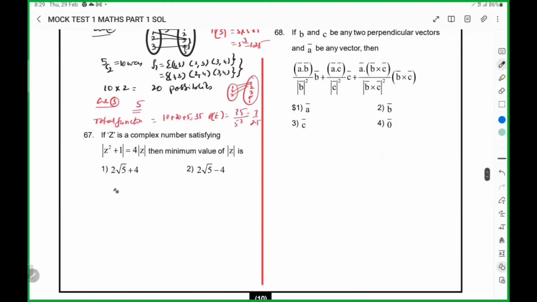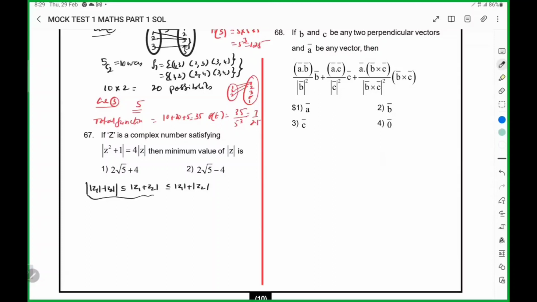Here, mod z square, to find the minimum value, we have an inequality: mod of Z1 plus Z2 is less than or equal to mod Z1 plus mod Z2, which is also greater than or equal to mod Z1 minus mod Z2.